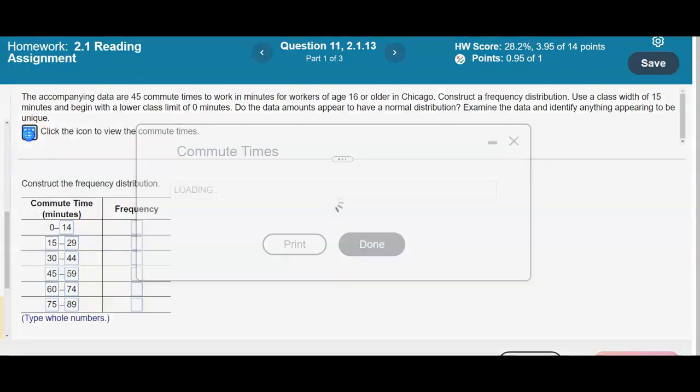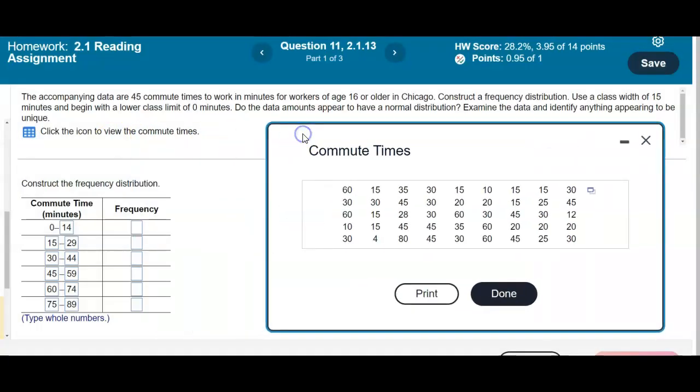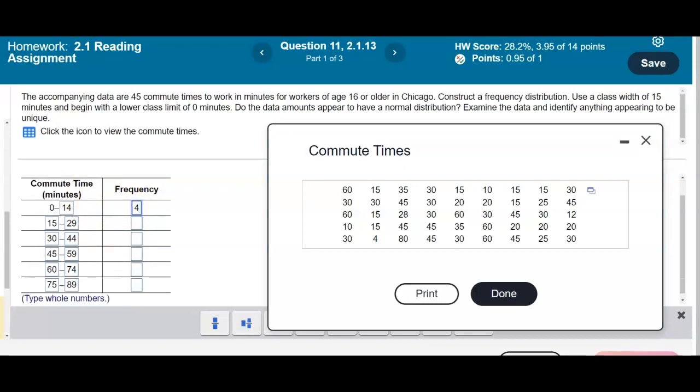Now we want to identify the frequency by looking at the table. So now we need to find all the numbers between 0 and 14. So if we go down here, we have 1, 2, 3, 4. So we have 4.